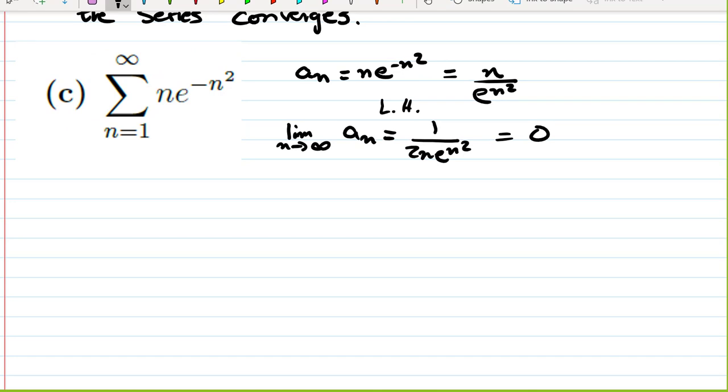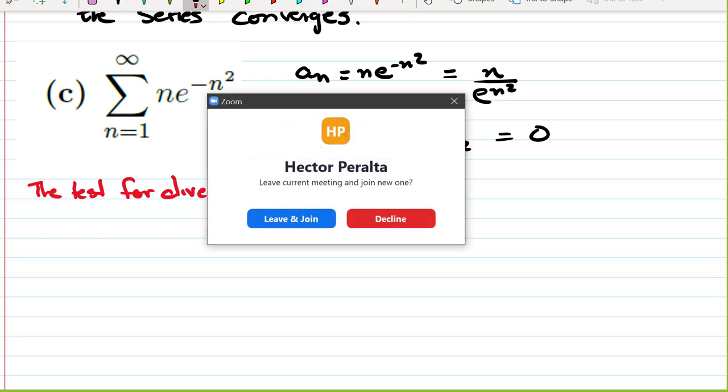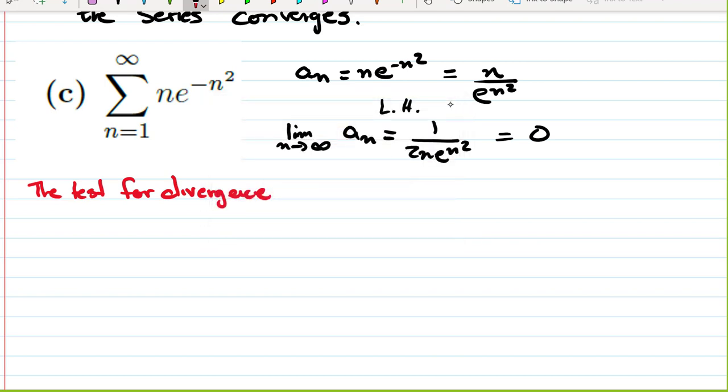So the test for divergence gives no information.